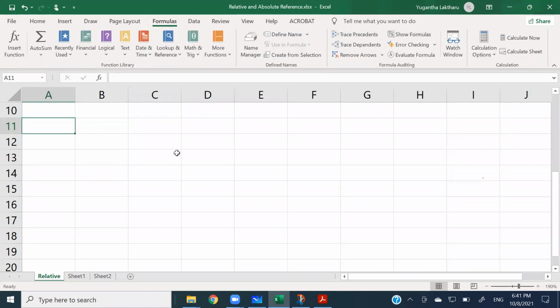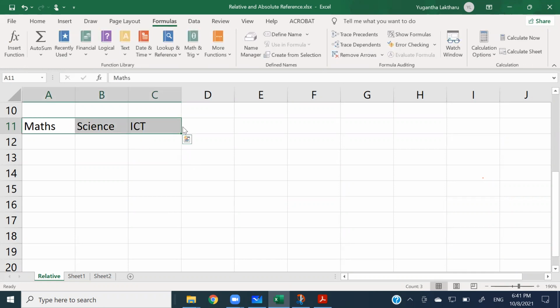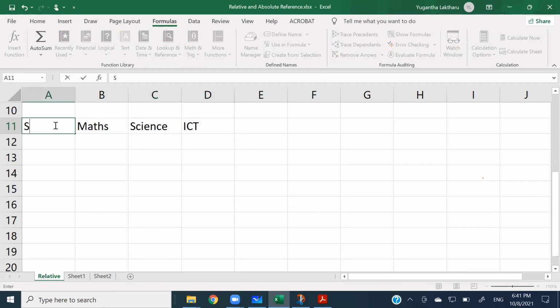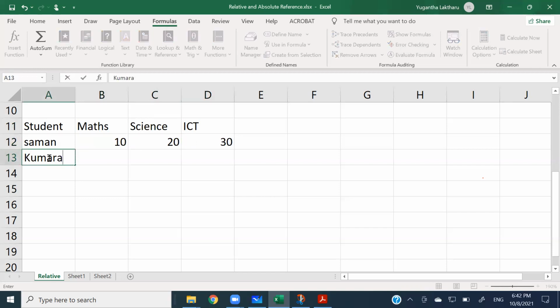As an example, we just record the marks of each and every student, with the student name or the index number, right? So I'll mark some sample values.